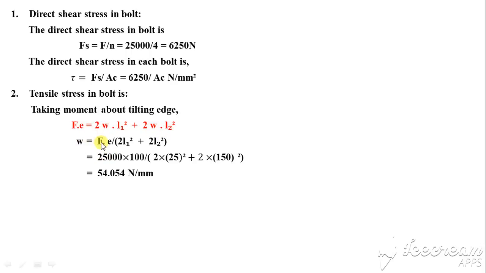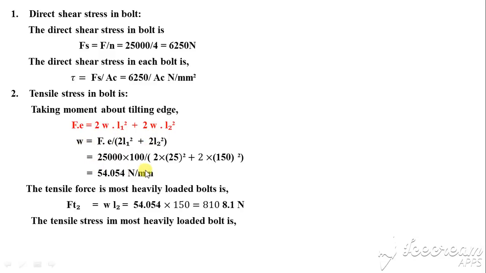Now this value of F or total load is given, L1 L2 is given. The intensity of the load can be found out easily. In addition to this, the tensile force is most heavily loaded in the bolt number 2. As you can easily see, it is bolt number 2. Why?